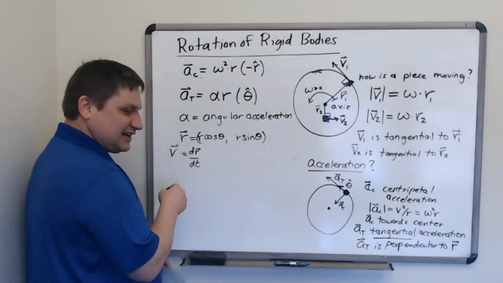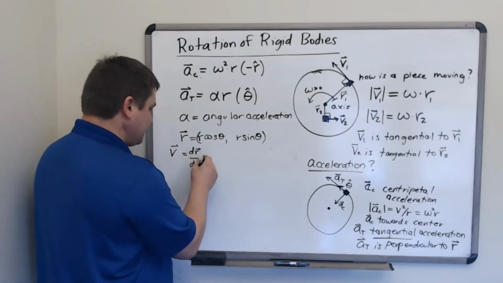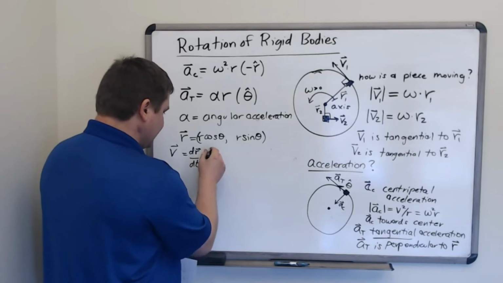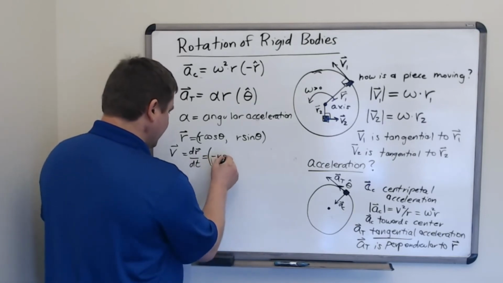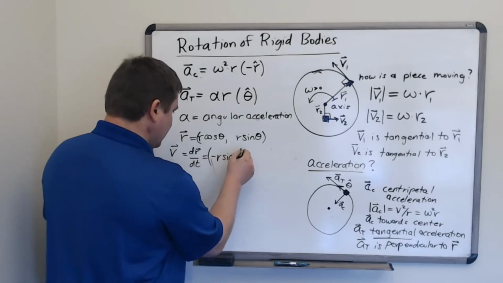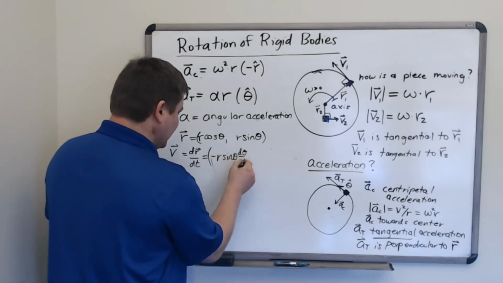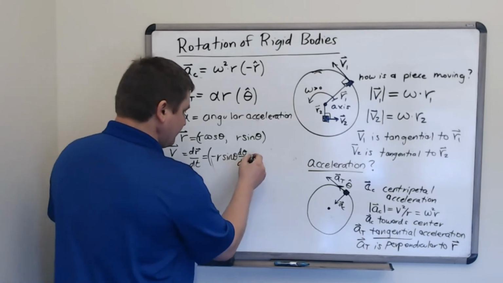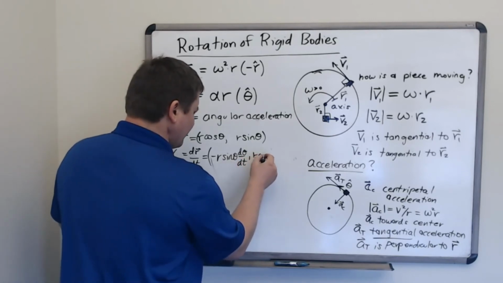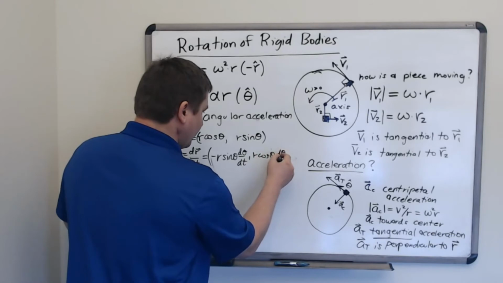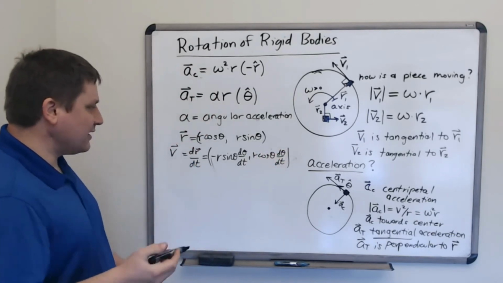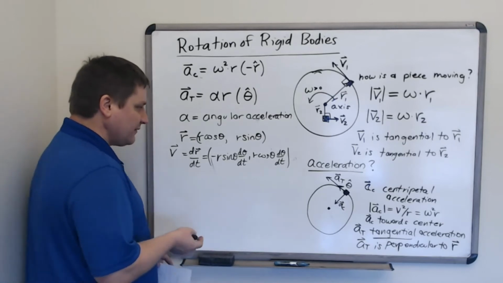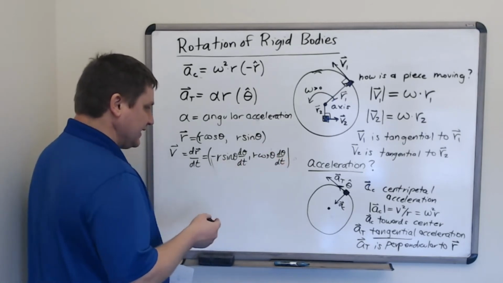We can get the velocity of a piece by just taking the derivative of this. So the r is going to be constant. So we'll get negative r sine theta, and then the chain rule gives us the d theta dt. And in the y component, we get r cosine theta from the trig rule, and then d theta dt from the chain rule.